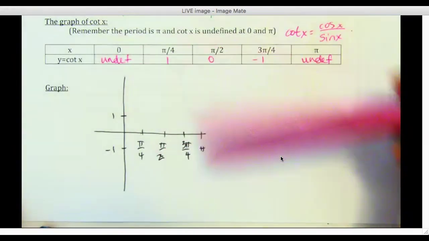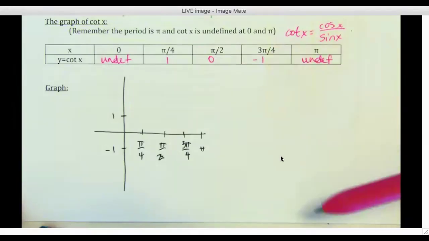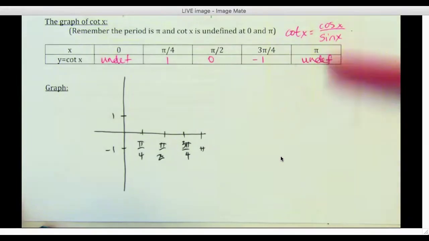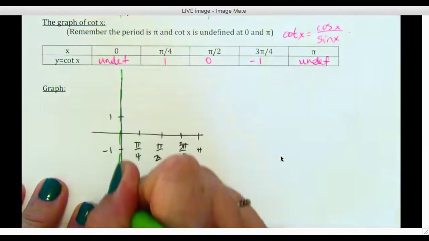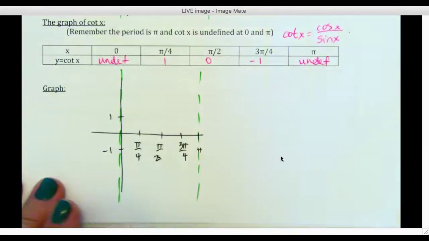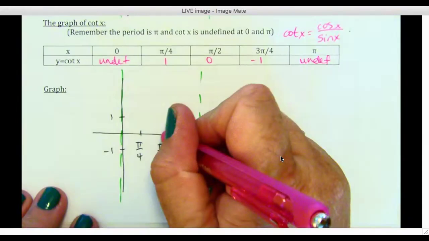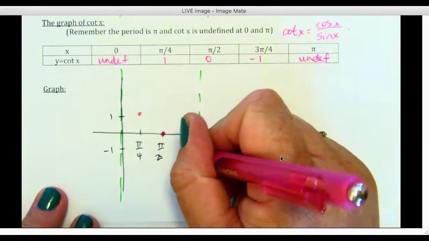And then at pi over 4, it's 1, pi over 2, 0, 3 pi over 4, -1. And again, you can plug in the sine and cosine values at each of these angles. And then at pi, it's undefined again. So what that means is that at 0 and at pi, cotangent has vertical asymptotes. And then at pi over 2, it's equal to 0. At pi over 4, it's equal to 1. And 3 pi over 4 is equal to -1.